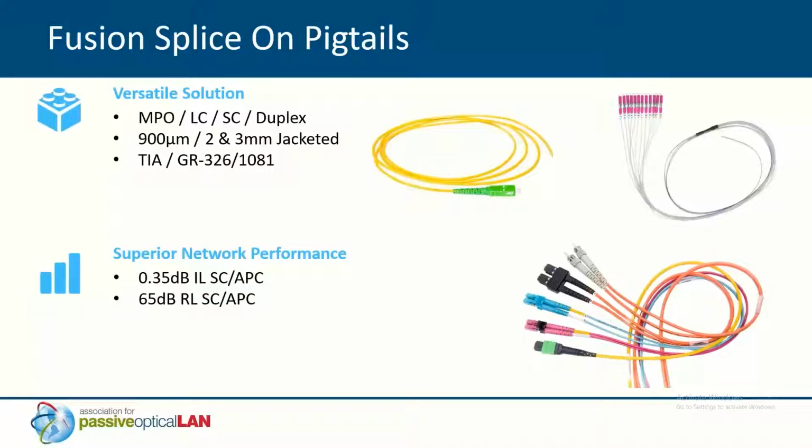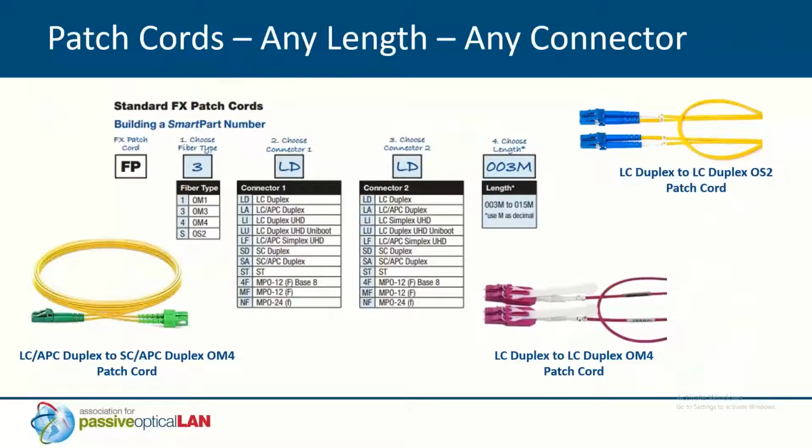Next slide. So we also have the pre-term solutions, and I tried to demonstrate that through our smart part numbering system that we have for our patch ports. We can extend this to different cable types as well, but I just thought I'd let you know that maybe you're always dealing with SC APC, but there's also LC duplex, there's simplex, there's APC, non-APC, and so forth.